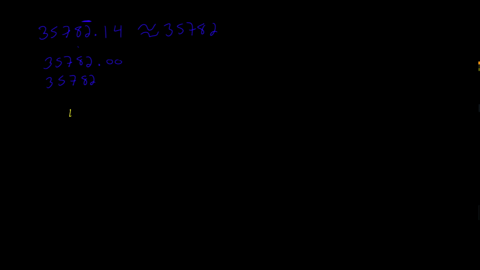Now I can take 48,921 and we're going to round it to the nearest 10,000s. So I put a line over the place I'm rounding and I look to the right. Now this is greater than 5, so I add 1 to this and I replace everything to the right with zeros.